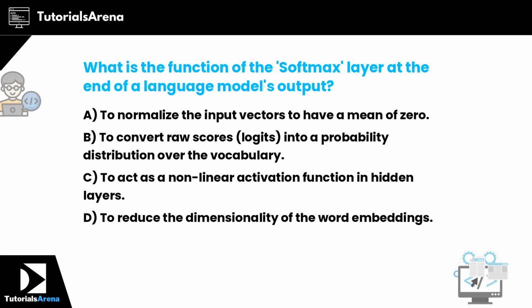What is the function of the softmax layer at the end of a language model's output? The correct answer is option B, to convert raw scores, logits, into a probability distribution over the vocabulary.